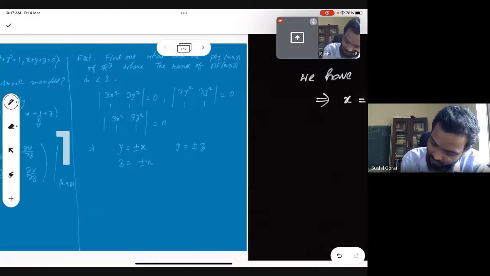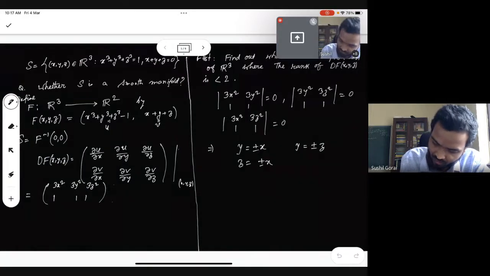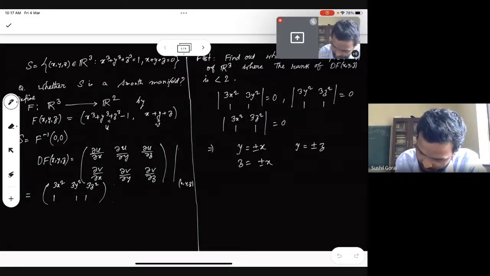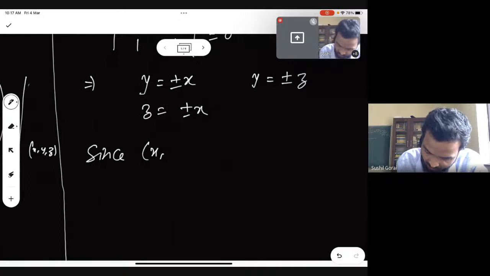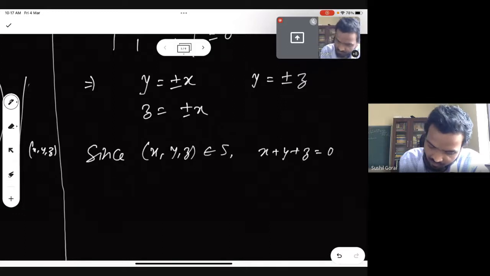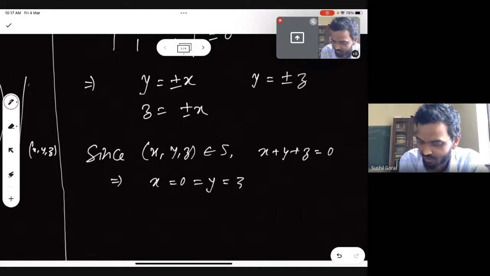Let me write it in this equation. Since (x, y, z) is in S, x plus y plus z is equal to 0, this implies x equal to 0, y equal to 0, z equal to 0.